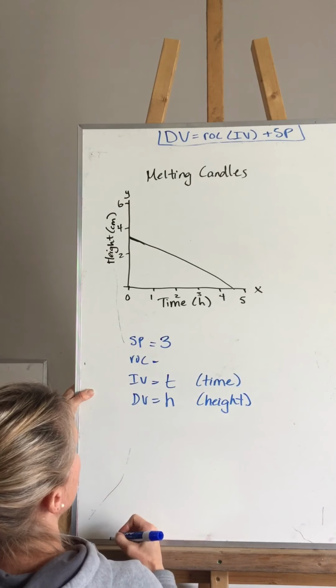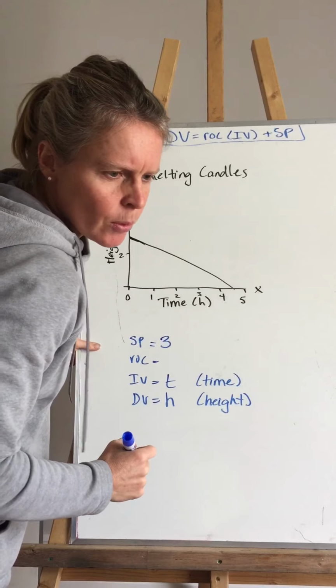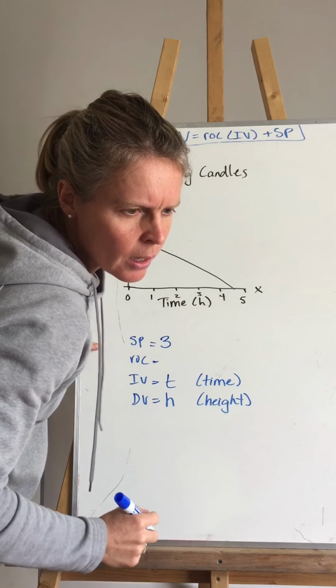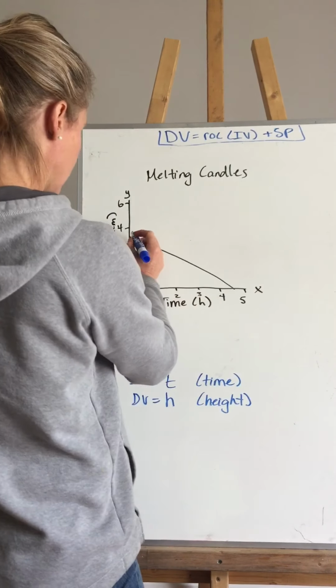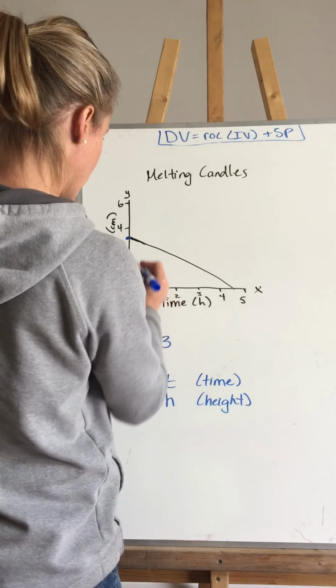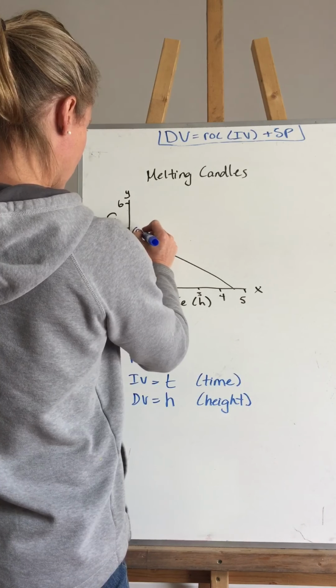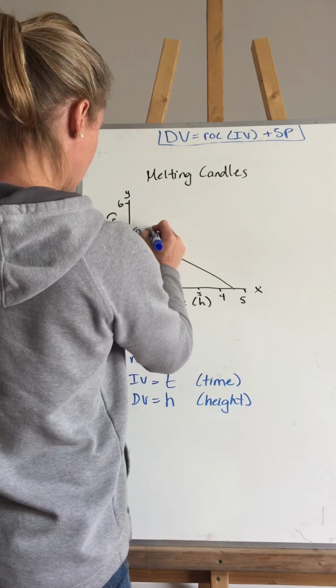But now we need to calculate that rate of change. What two points do we want to use? Points that I see nicely on your example will be a little better than on my graph here. This point is 0 for the x coordinate and 3 for the y coordinate.